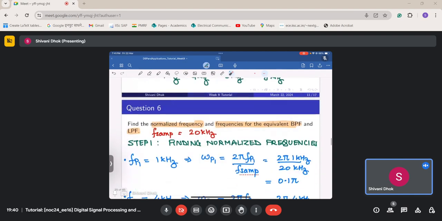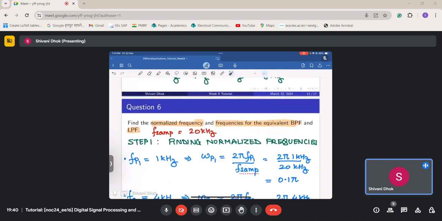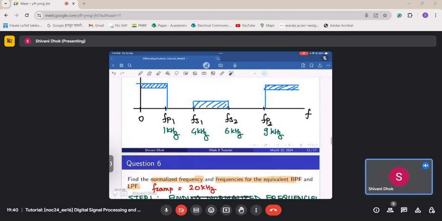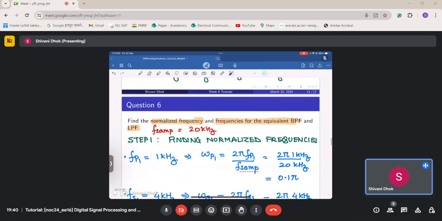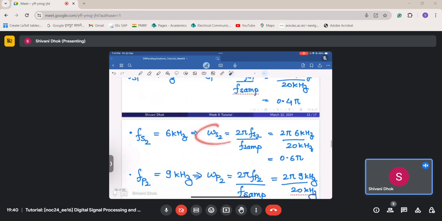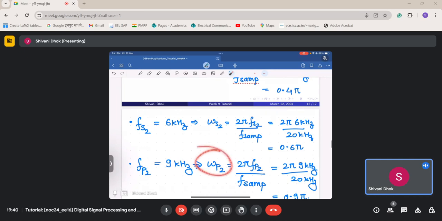So the first step was to find the normalized frequency, and this normalized frequency can be found using the formula omega equal to 2 pi f by sampling frequency. Since we had four different frequencies, that is fp1, fs1, fs2 and fp2, we will get corresponding frequencies, which were small omega p1, omega s1, omega s2 and omega p2.